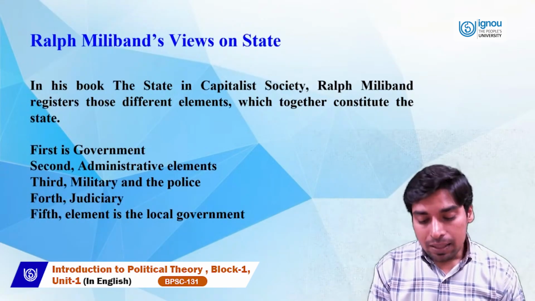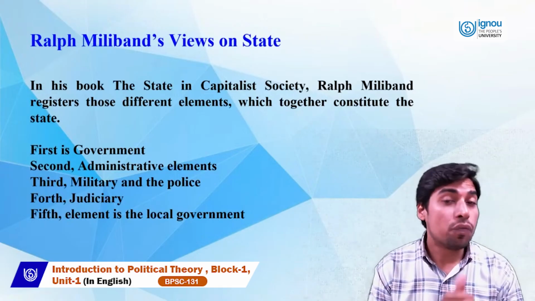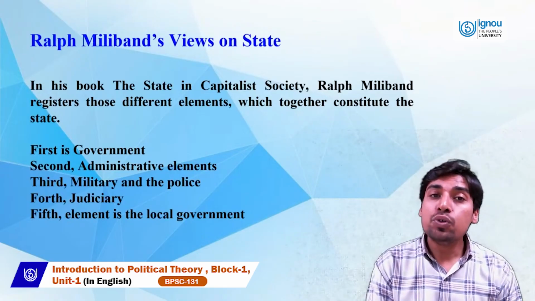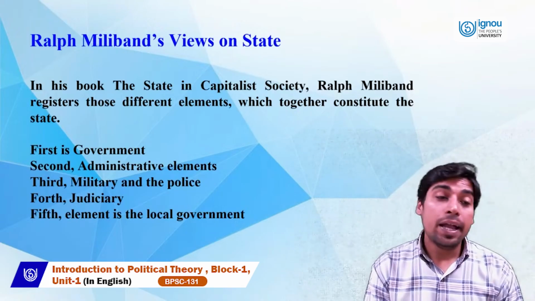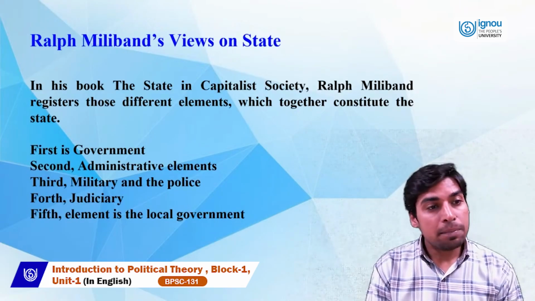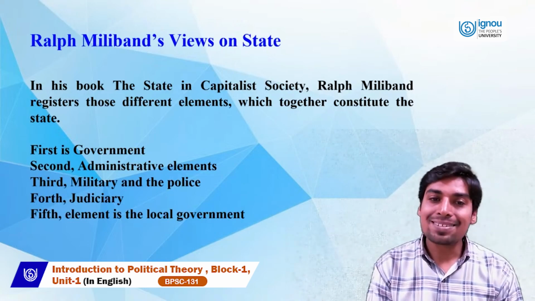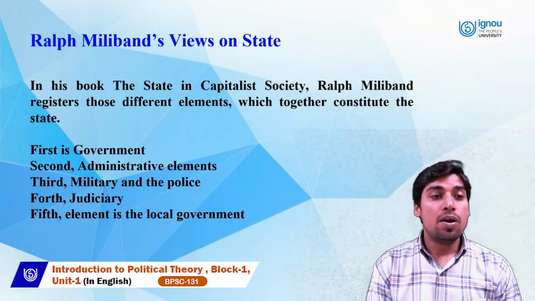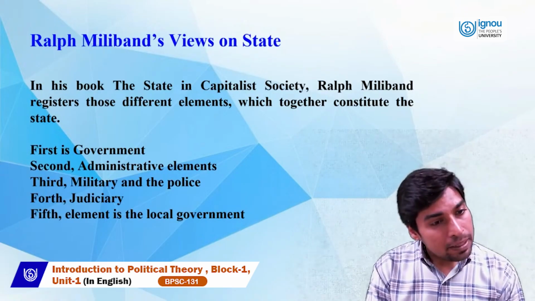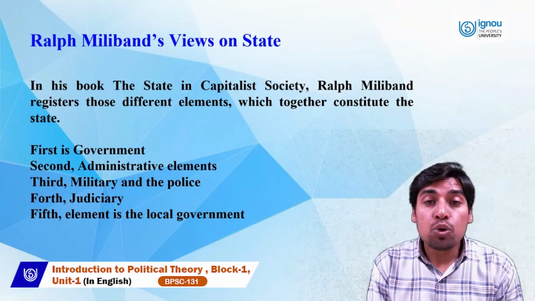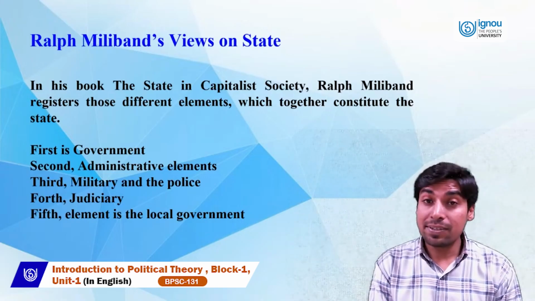Now, another major view on the state is Ralph Miliband's view. In his book The State in Capitalist Society, Ralph Miliband identified the different elements which together constitute the state. First is government. Second is the administrative element, like bureaucracy and officers.